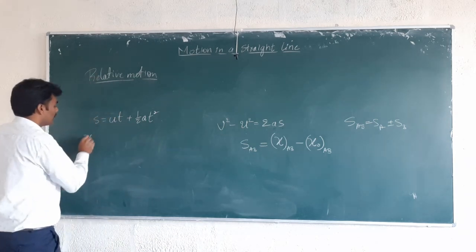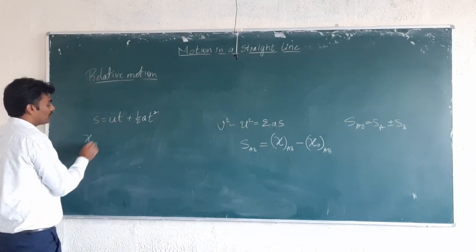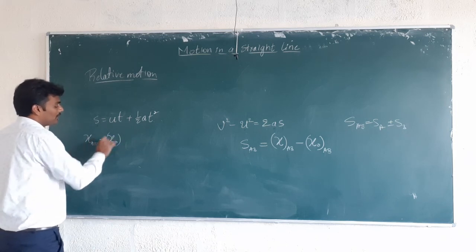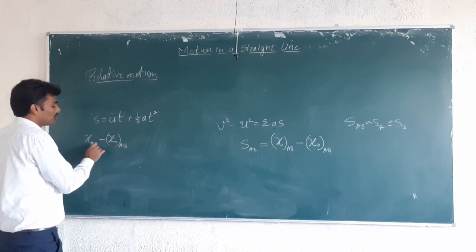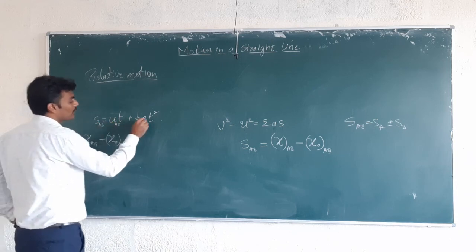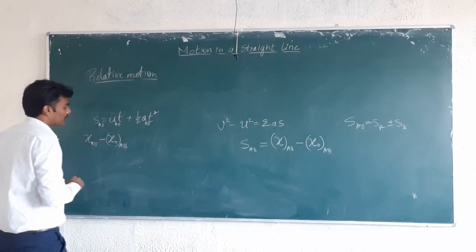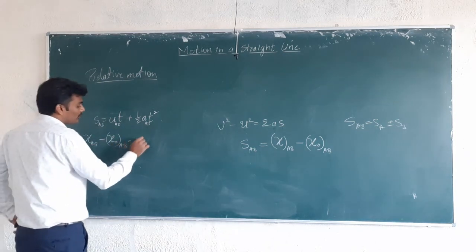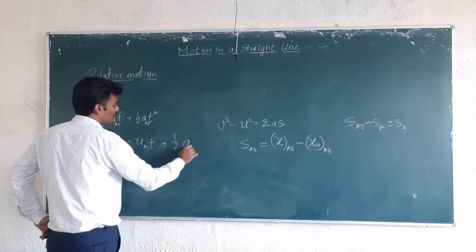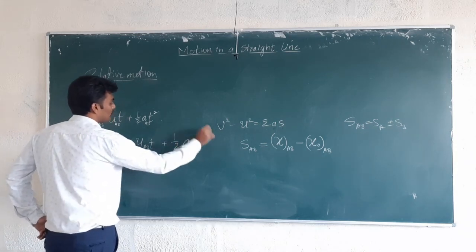Instead of S I can put XAB minus X naught AB: final relative position minus initial relative position. Keeping them all in relative terms, this becomes XAB minus X naught AB is equal to UAB T plus half AAB T squared.